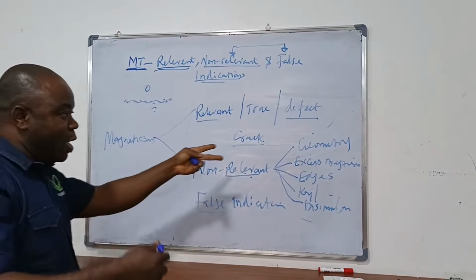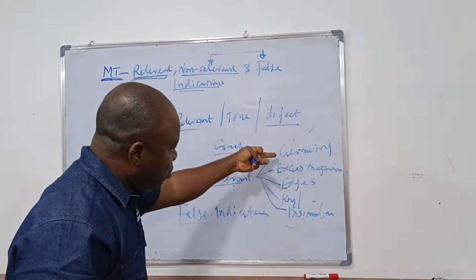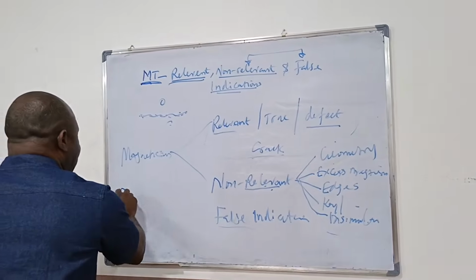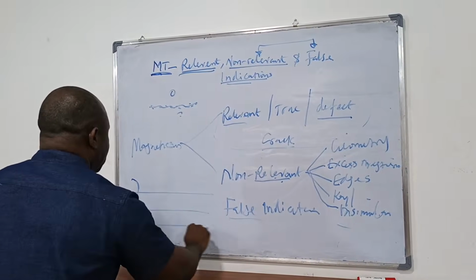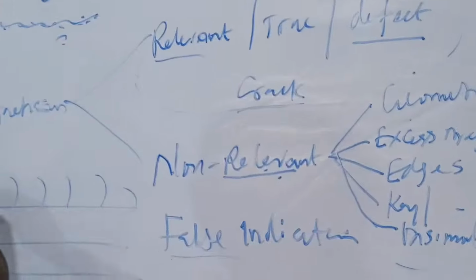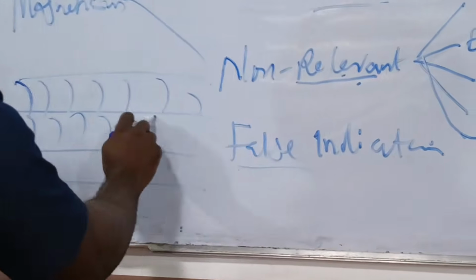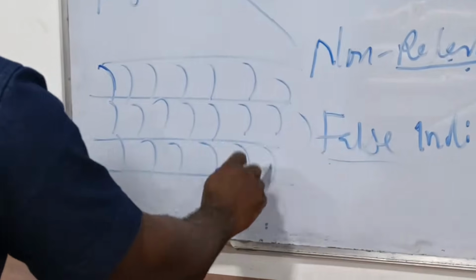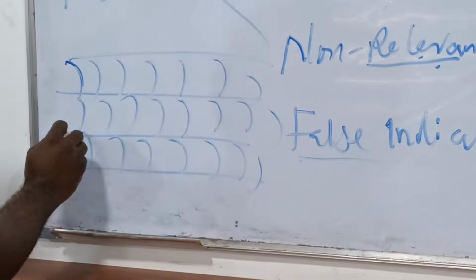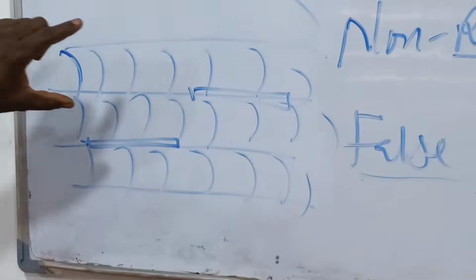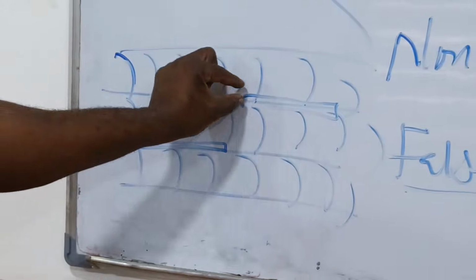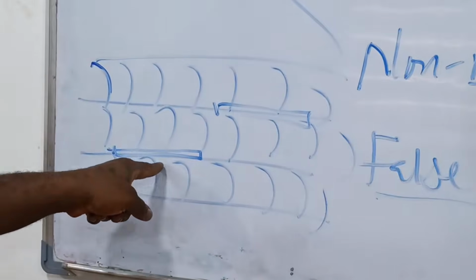So if I have a poor geometry, let's say I have welds like this. If I have indications settling in the spaces between these two welds, because of the magnetic effect, particles may cluster around this area.